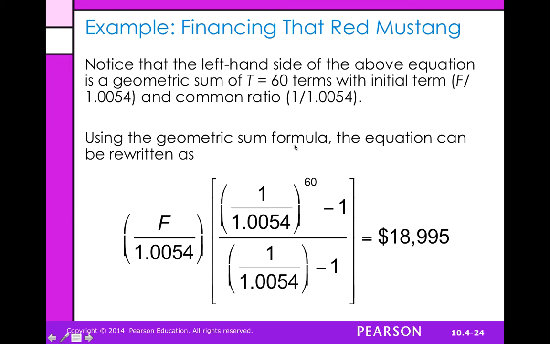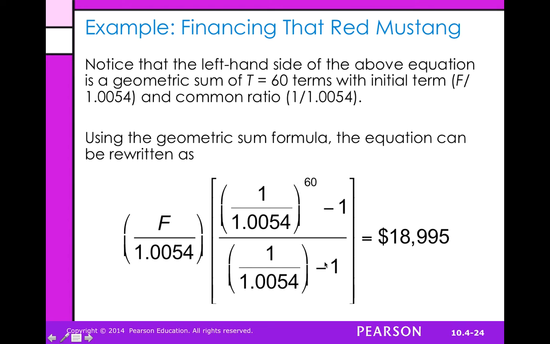That's a geometric sum with 60 terms and an initial term of f divided by 1.0054. So using the geometric sum formula, which again you might not know, if you don't know it, don't worry about it, the equation can be written like this. F divided by this rate plus 1 times all of this stuff.